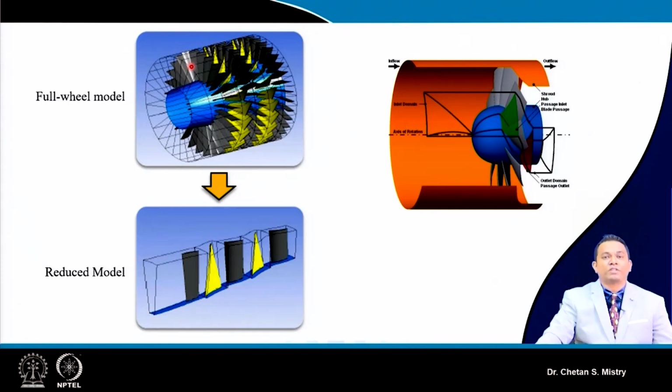So we were discussing that in place of analyzing the whole stage or multi-stage configuration, we will select one or two blades, like it is shown here. Here we have one rotor followed by a stator, a rotor, stator combination. Under that condition, it helps in reducing the number of elements required.